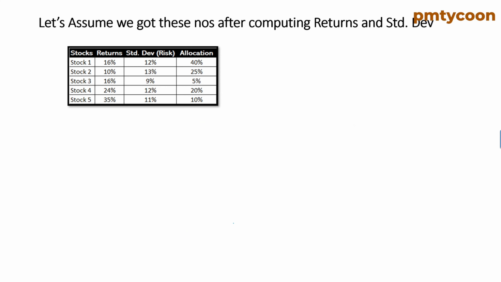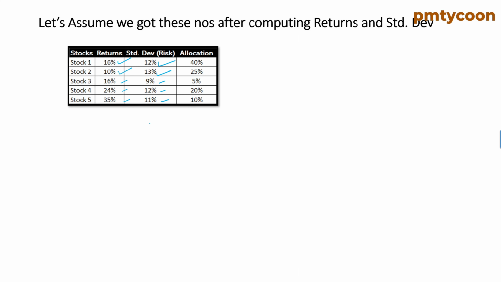Let's assume for a moment that for stock 1, we have got 16% returns and 12% risk. And stock 2, 10% returns and 13% risk. Stock 3, stock 4, stock 5, these are our returns, and these are our standard deviation numbers.